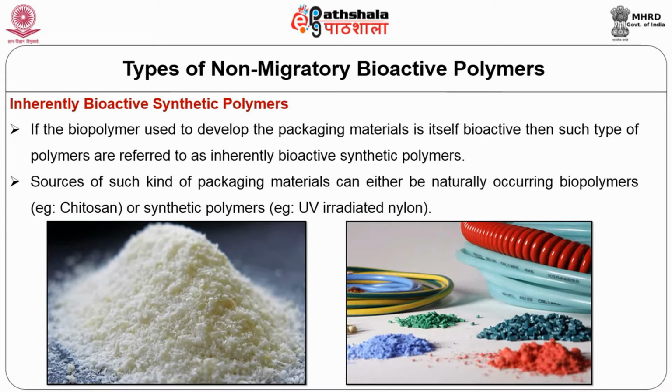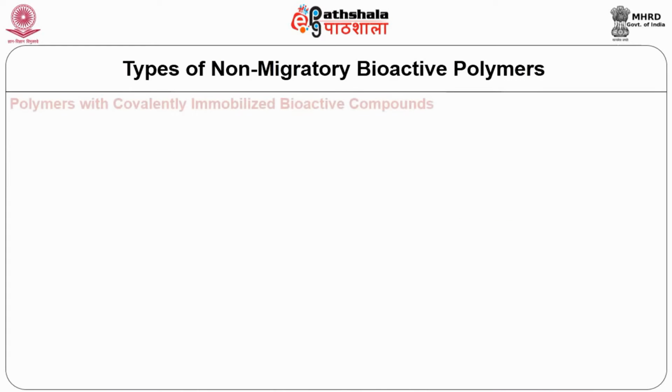Sources of such packaging materials can either be naturally occurring biopolymers, for example chitosan, or synthetic polymers, for example UV irradiated nylon. The next type is polymers with covalently immobilized bioactive compounds.